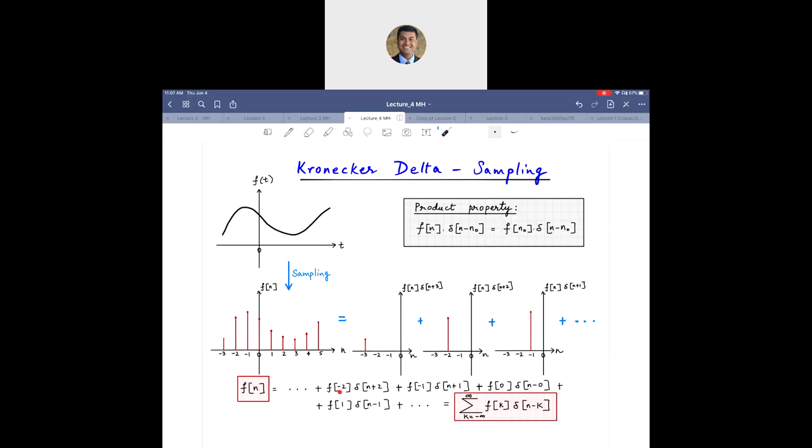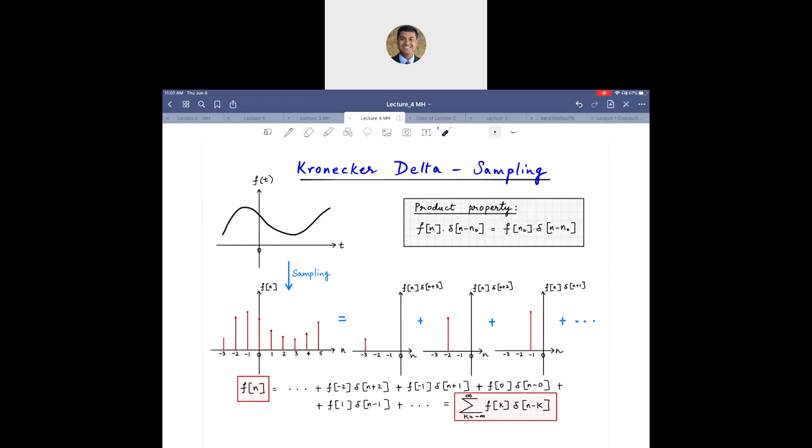Those weights correspond to f of minus 2, f of minus 3, f of 1, f of 2, f of 0 also. Those are the amplitudes of each of those samples, and they are shifted because you need one at each integer time interval: n is 1, 2, 3, and so on, 0, minus 1, minus 2, and so on.